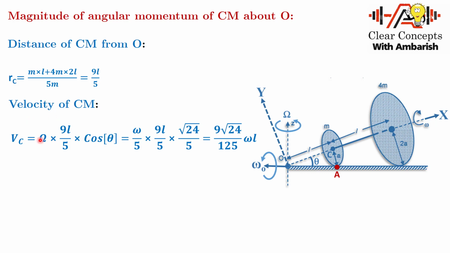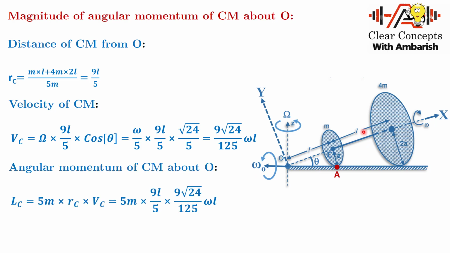Now just substitute the values. Capital omega is omega by 5, 9L by 5 stays as it is, and cos theta is root 24 by 5. If you simplify, this is the velocity of the center of mass, which is into the board, and this distance is L by 5. So you can take mass times velocity times this distance. They are perpendicular, so the sin 90 factor is there, and simple multiplication will do.